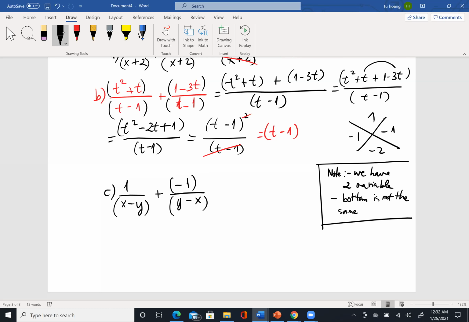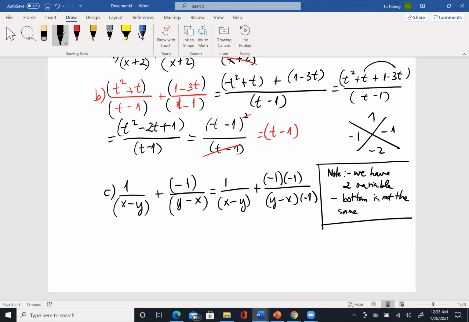Now I will change the position of x and y in the second rational by multiplying by -1 for the top and bottom. Okay.